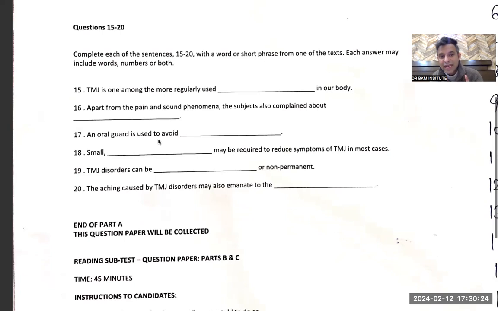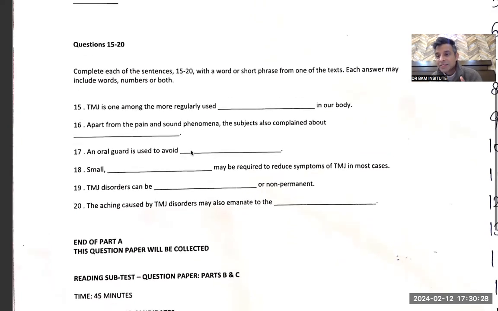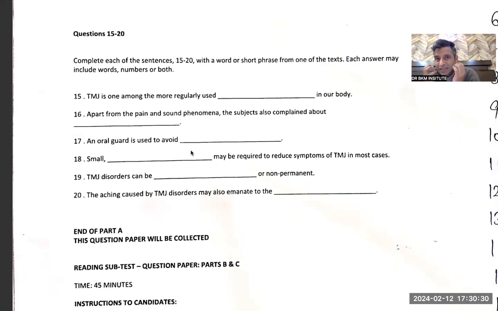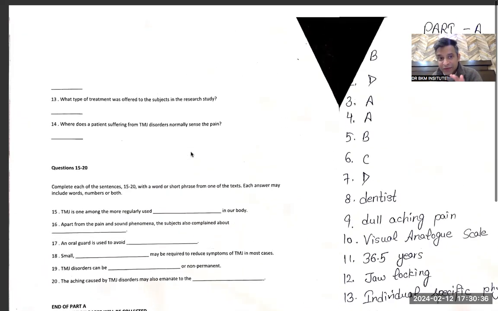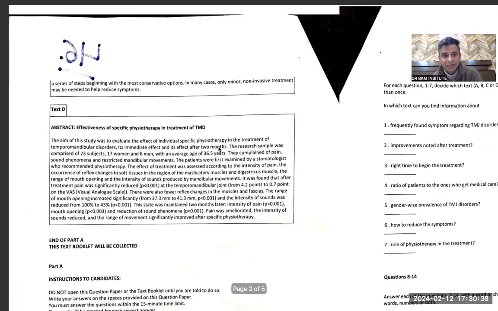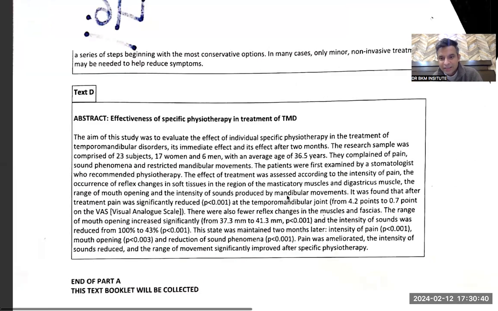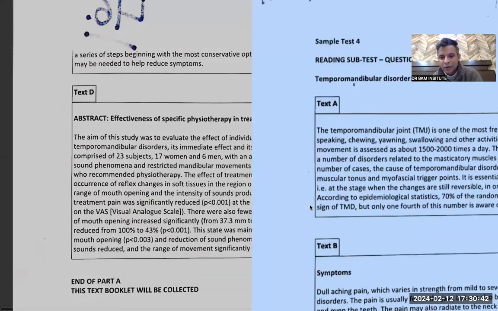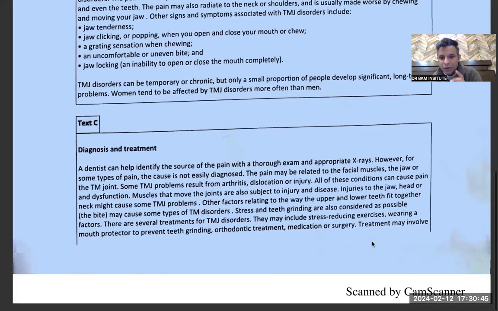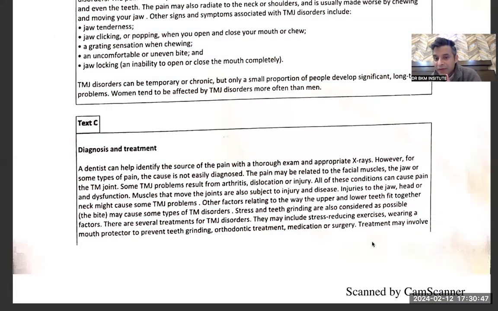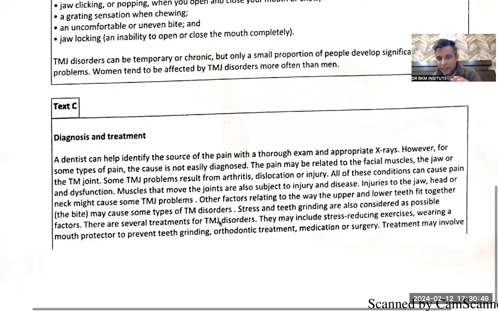Apart from this, we have done an oral guard is used to avoid. So avoid means that if there are some problems, oral guard is used to avoid. Let's see it again. It is a difficult one, but it should be in the treatment part. But oral guard is a kind of prevention technique, so it should be over here.